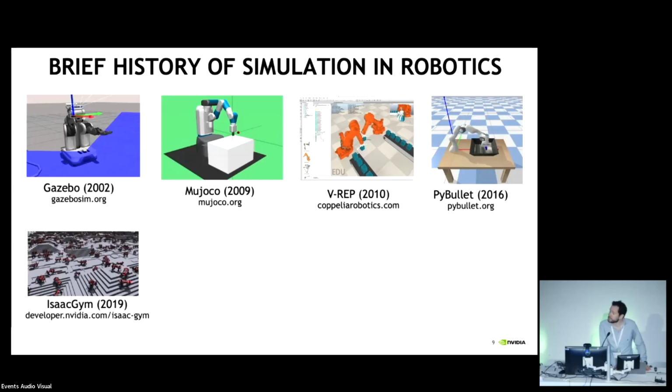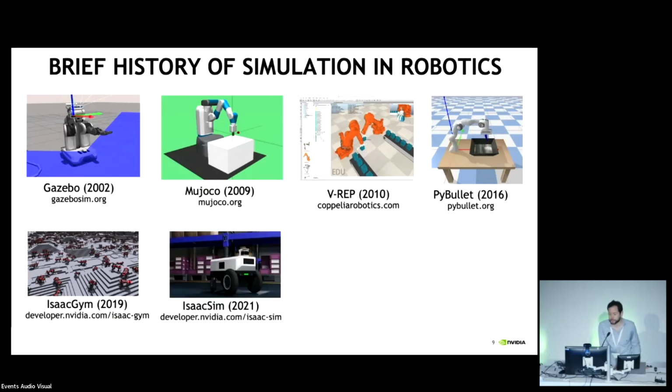Later on, NVIDIA decided, okay, maybe we should also get into simulation because we could do simulation on different kinds of hardware, not just CPU. And then Isaac Gym was created and released about that time, 2019, and you probably have seen quite a few talks on Isaac Gym and how we use it for training.